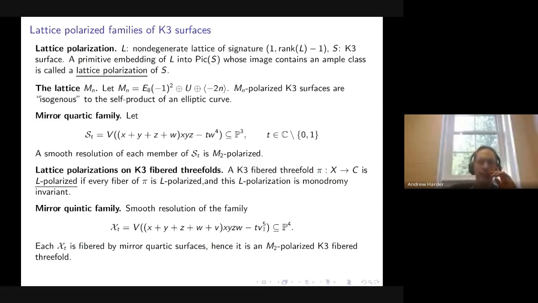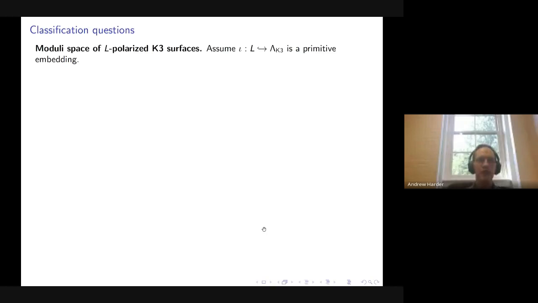So once I induce a lattice polarization, what I said before is that imposing the lattice polarization on the fibers of your K3 fibration means that your period map is restricted. I want to explain now in which way the period map is restricted.